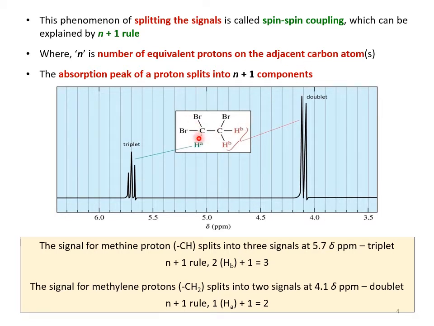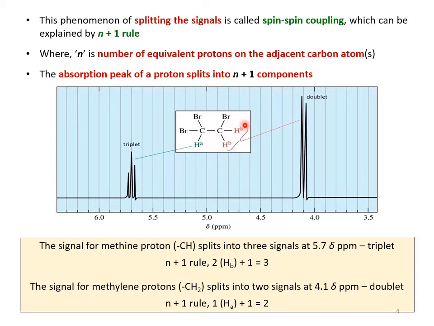What is n? n is the number of protons present on the adjacent carbon atom. The absorption peak of a proton splits into n+1 components. So whatever splitting of the signal we have seen is concerned with this n+1 rule, where n is the number of protons on the adjacent carbon atoms.